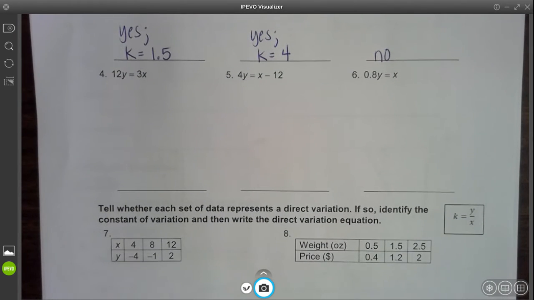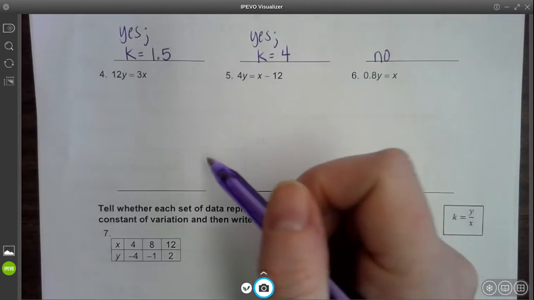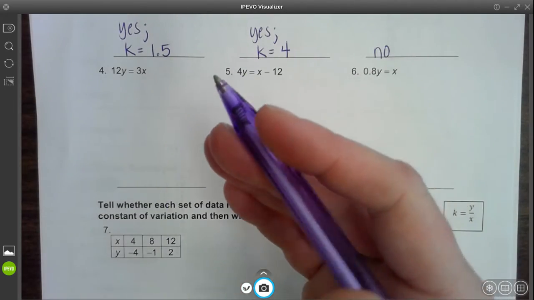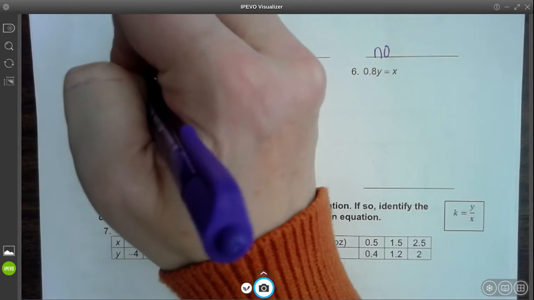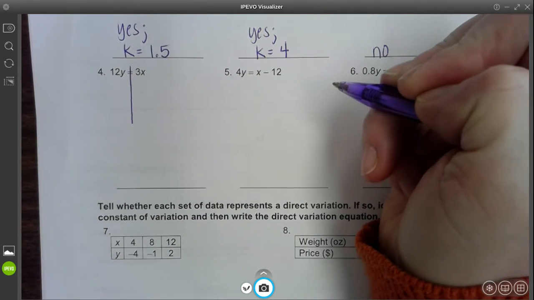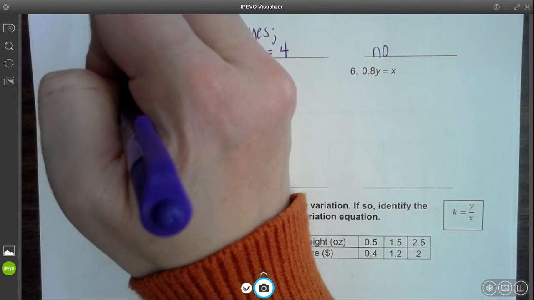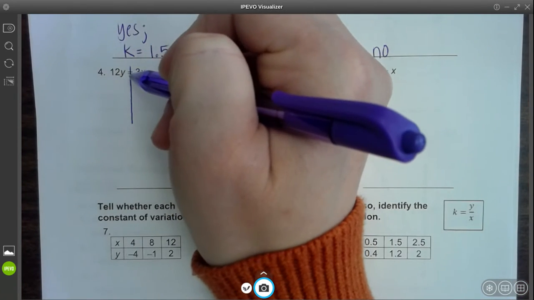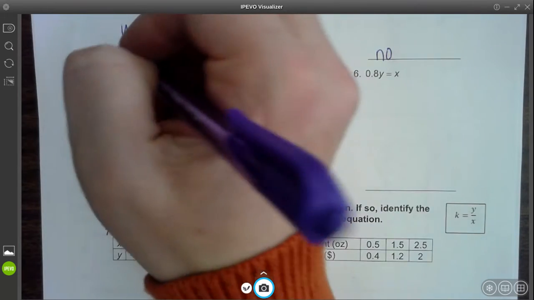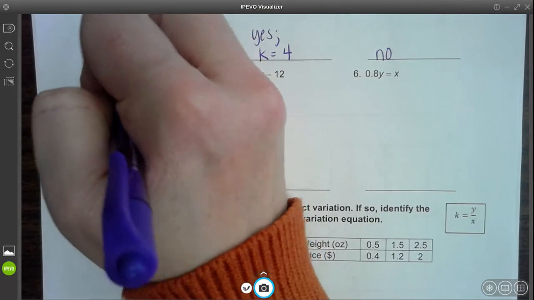Okay, the next one is 12y equals 3 times x. So with this one, we want it to look like y equals k times x. So we have to solve this for y. When I solve an equation, I'm going to draw my dividing line. I'm going to have to get rid of this 12 to get y by itself. So 12 is multiplied by y, so I'm going to divide by 12 on both sides.